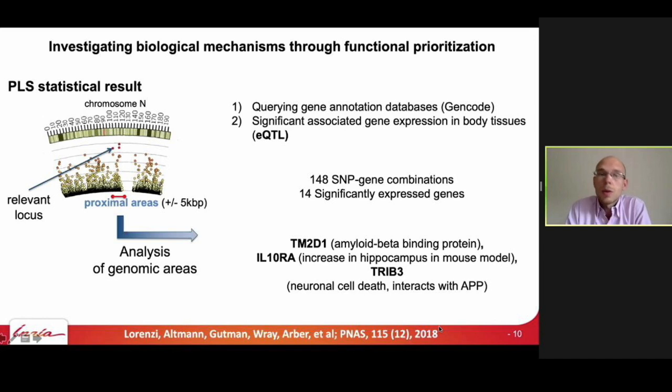For example, by using these locations to query gene annotation and expression databases. And so with our analysis, we show that from the insights from the PLS model, we could identify a low number of candidate genes that then could have been tested to identify promising genes to explain the pathophysiology of Alzheimer's disease.